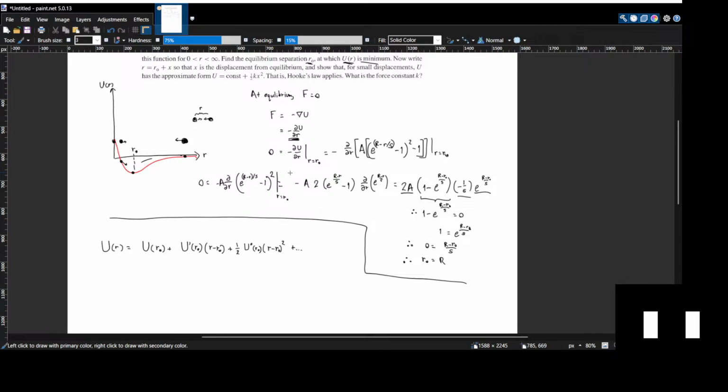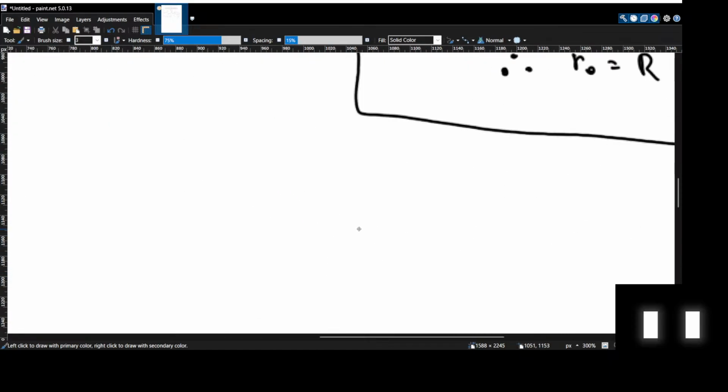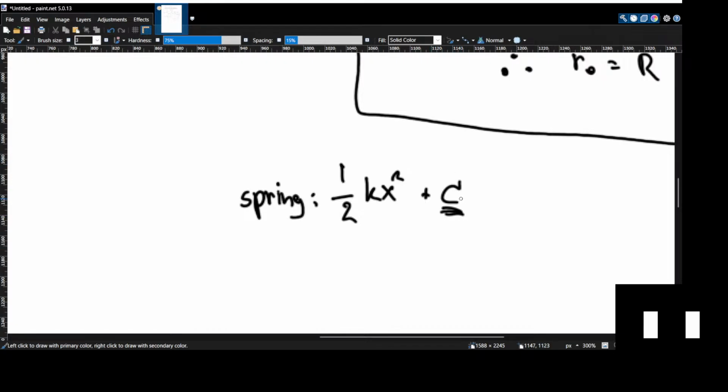You know how the potential energy in a spring is 1/2 kx squared plus some constant. Of course, the potential energy is relative, so you have to set a reference point. Most of the time, for a spring, they set the reference point to be x equals 0, so they just set c to be equal to 0. But in reality, you can set c to be anything.